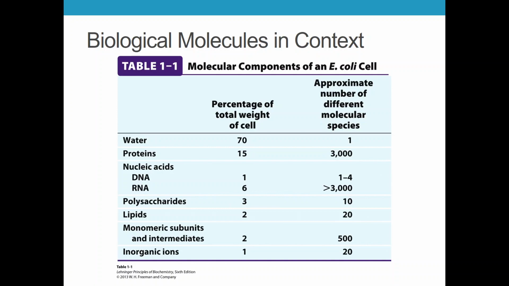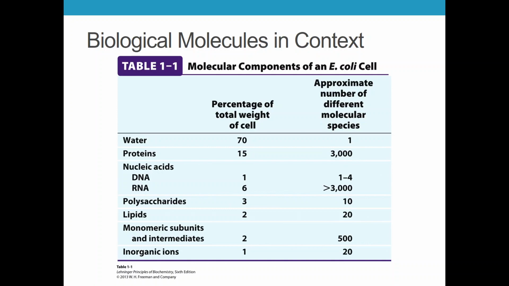But the remaining materials can be divided between proteins, nucleic acids, polysaccharides, lipids, and inorganic ions. So the majority of that percentage weight is going to be protein. So about 15% of the weight of the cell is derived from proteins. And you'll find that there are a lot of different kinds of proteins.